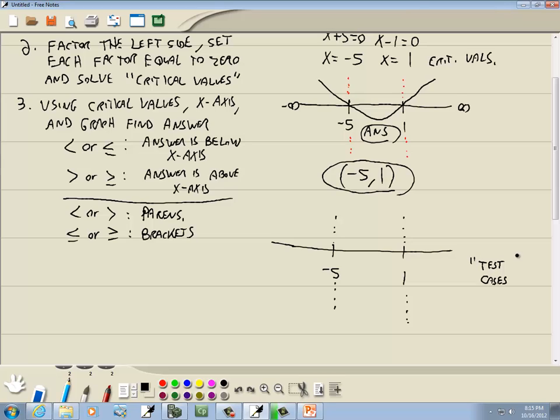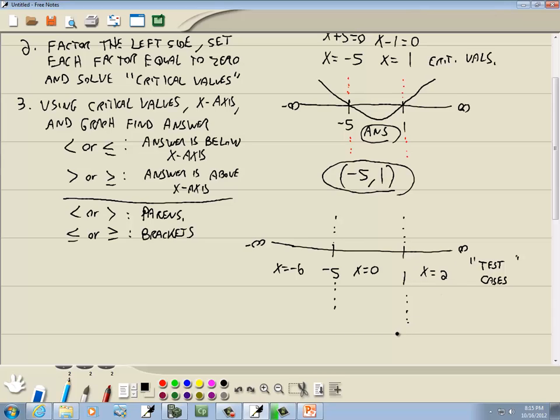What I mean by that is this is negative infinity over here, this is positive infinity over here. So you want to pick a value between negative infinity and -5, like, I don't know, -6. Here we want to choose something between -5 and 1, like 0. And here we want to choose something between 1 and infinity, like 2.